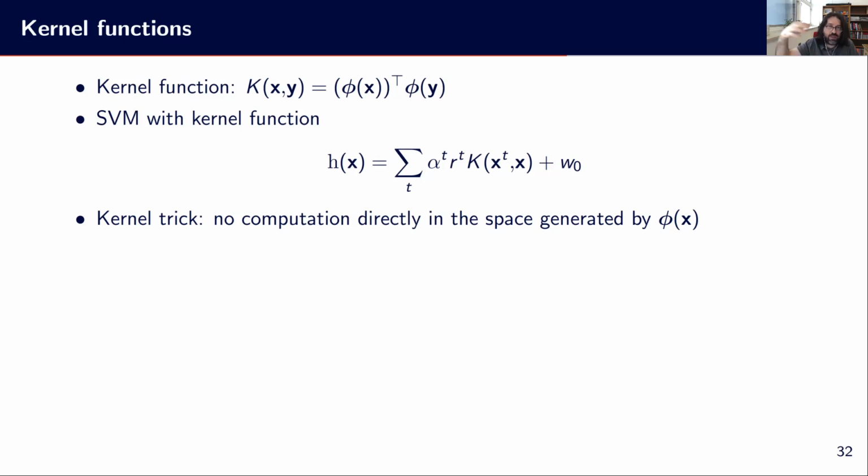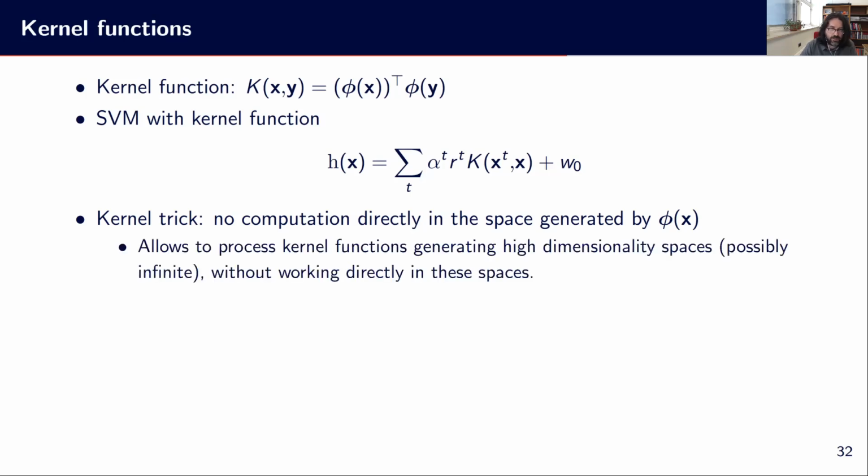It can be huge. But with the kernel trick, we are never doing computation in that big space. We are always computing with the kernel function, which puts all the samples in relation. So we can avoid computing anything in the high-dimensional space. In fact, we can even deal with a space of infinite or nearly infinite dimensions without working on it directly.